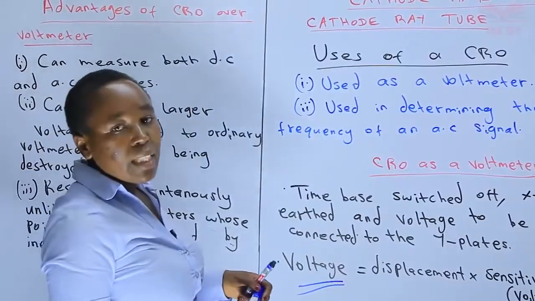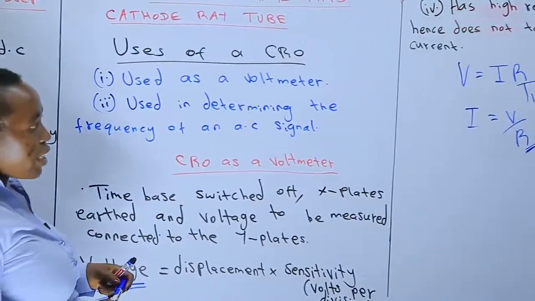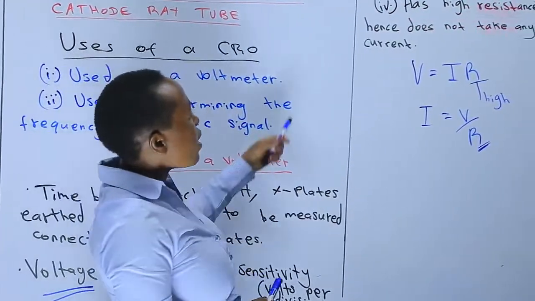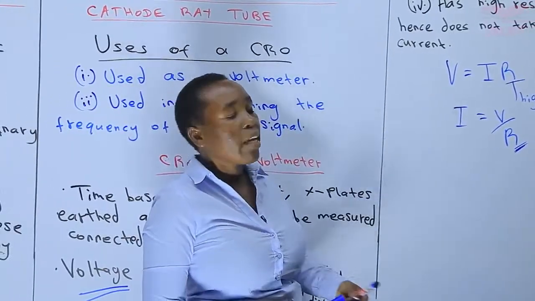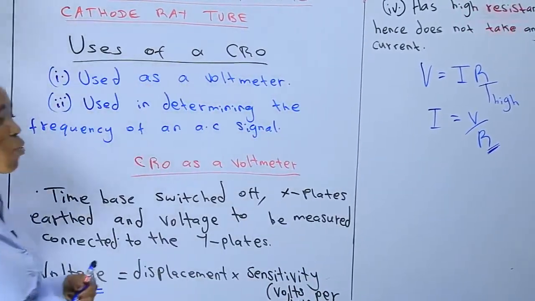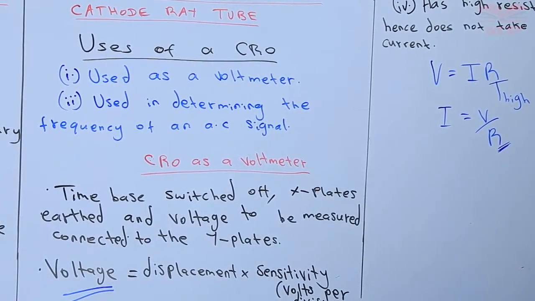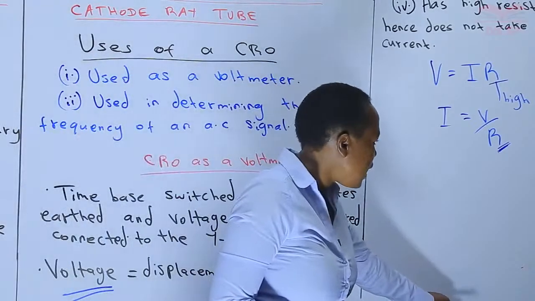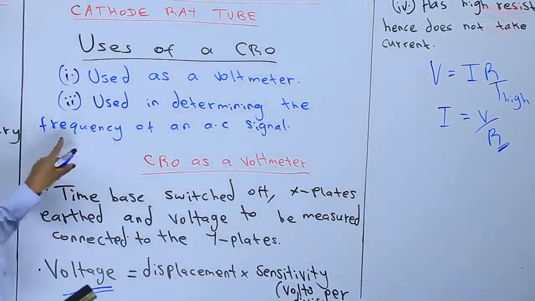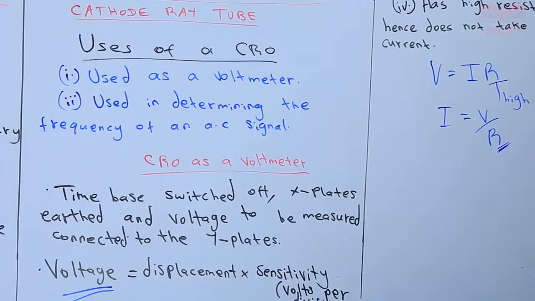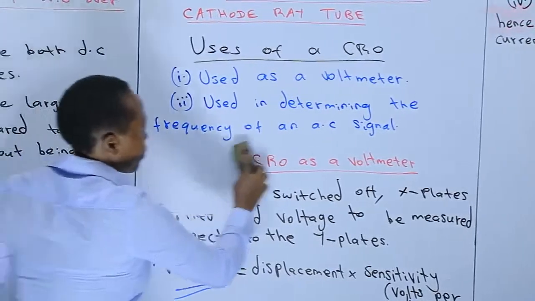Then we've also seen that it has infinite resistance, and hence it does not take any current away. So we want to look at the other use of a CRO, use number 2, where it is used in determining the frequency of an alternating current signal.